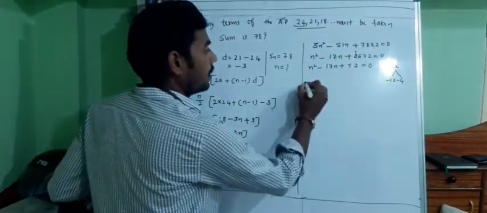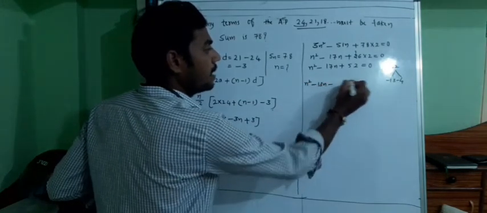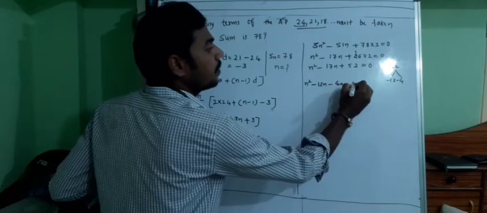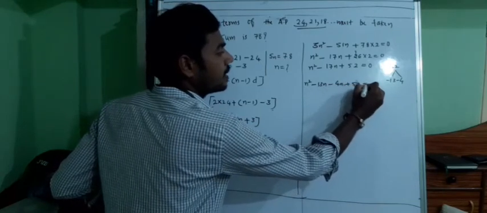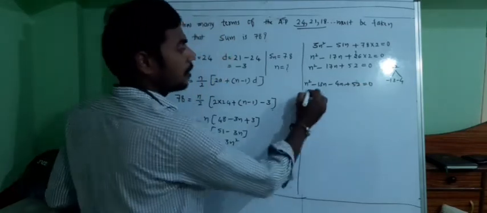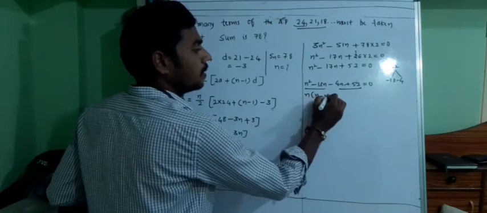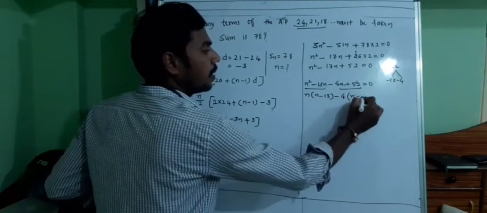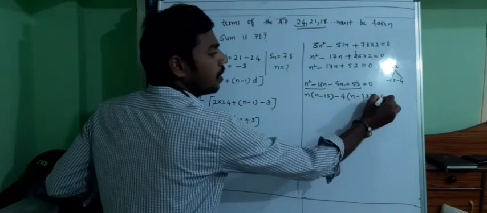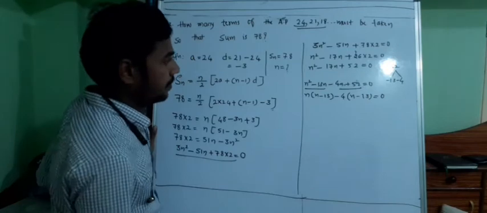Now, n square minus 13n minus 4n plus 52 is equal to 0. So n is common, n minus 13, minus 4 is common, n minus 13 is equal to 0. 4 13s are 52, that is why I have written it.